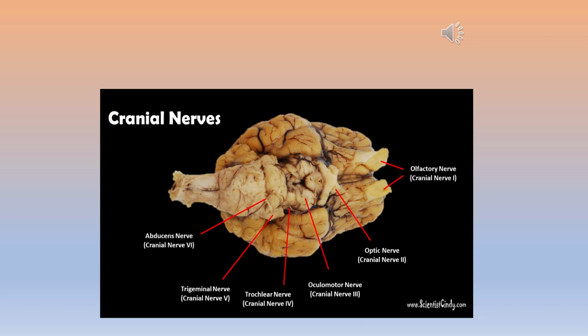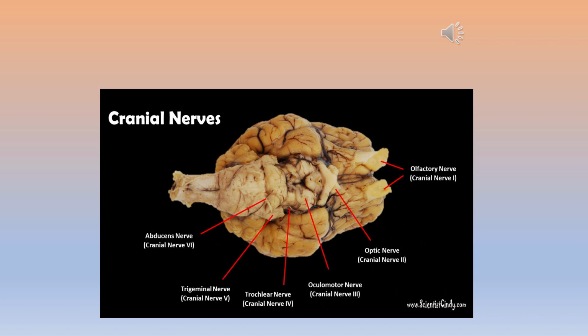Cranial nerve number 4 comes out of that ditch that is left and right of the cerebral peduncles. If you get a good look at those cerebral peduncles, they are white colored and they're V-shaped. The right side, left side kind of makes a V shape. The trochlear nerve, cranial nerve number 4, comes out of that ditch that's to the left and right of the cerebral peduncles.